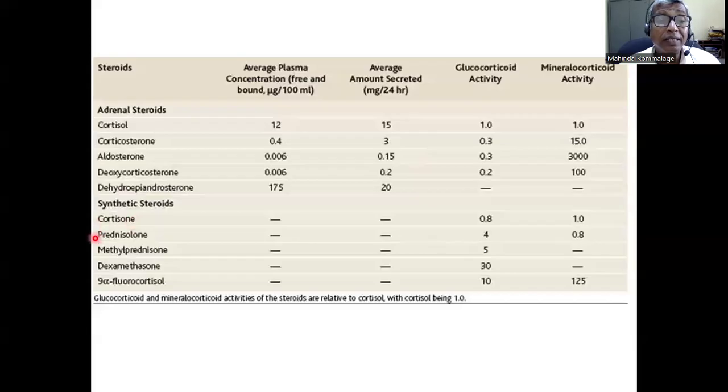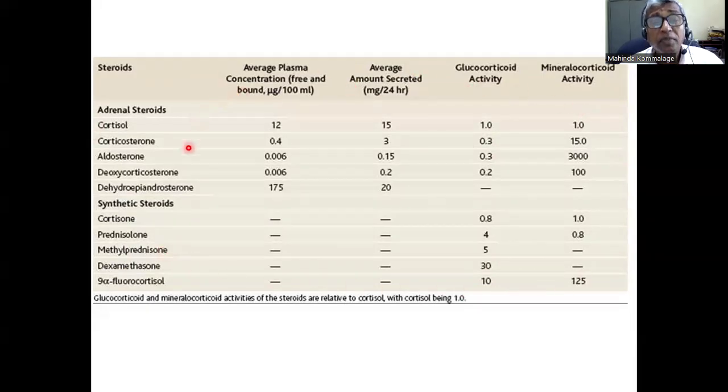These are synthetic adrenocorticoid hormones, like prednisolone. Probably you have used it, you know that, right? Methylprednisolone also has some glucocorticoid action as well as mineralocorticoid action. Dexamethasone, some of you have used dexamethasone. It has a glucocorticoid action, but no mineralocorticoid action. So on.